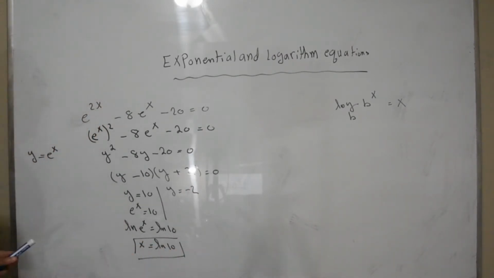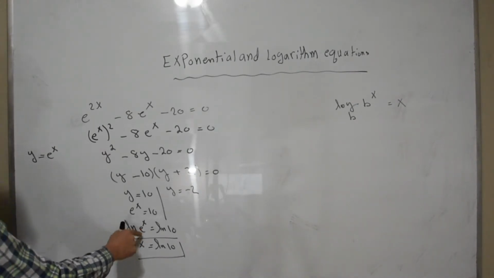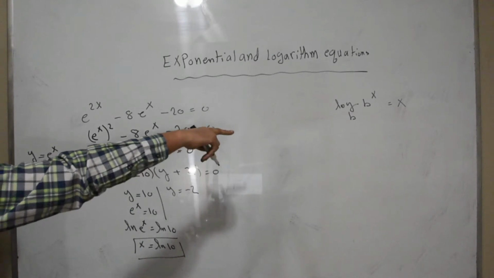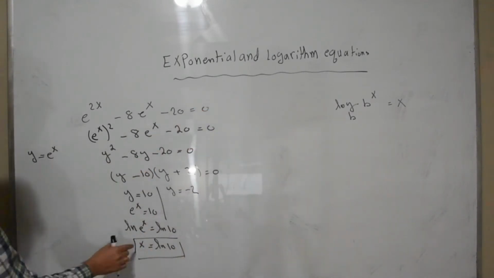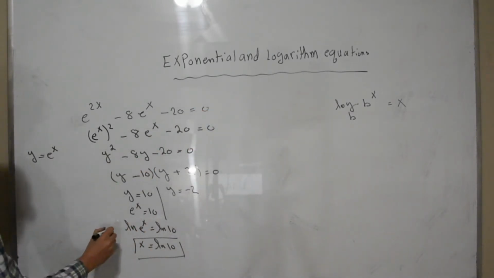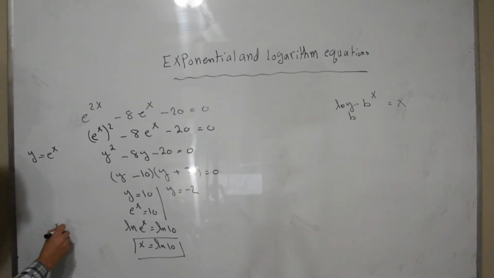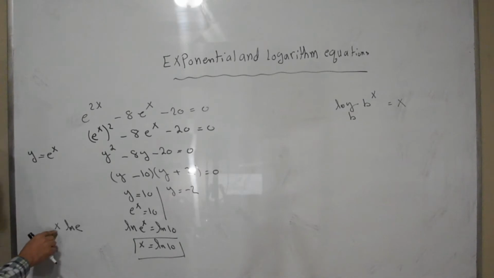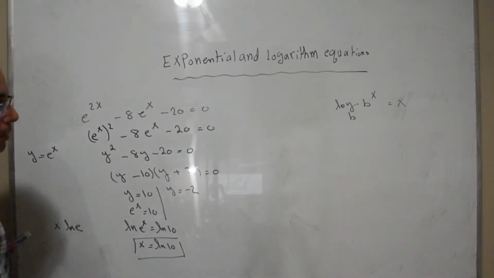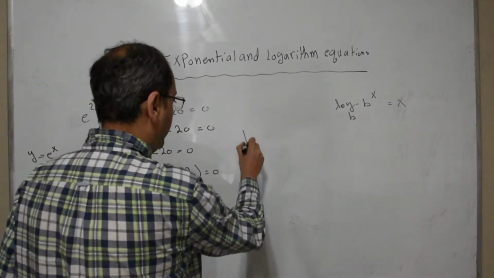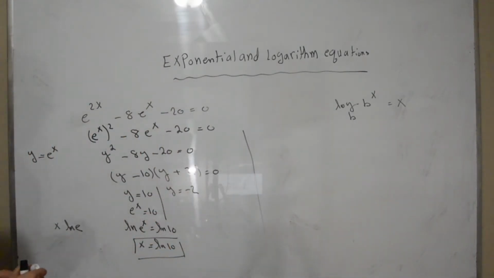Basically, you can also look at it using the power rule: this is equal to x times natural log of e. And natural log of e is always 1. So x times 1 is x. Alright, I hope that this example is clear.